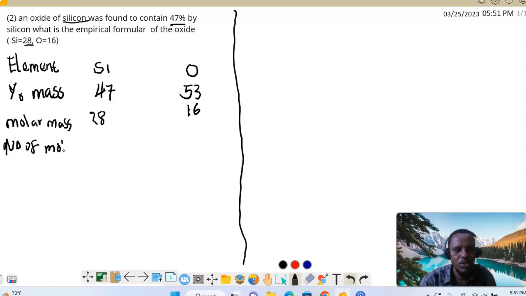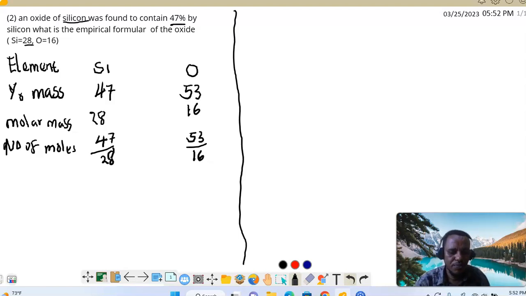The number of moles of silicon, you divide the percentage mass, which is 47, over 28. The number of moles of oxygen, the same way, you divide the percentage, which is 53, divided by 16.